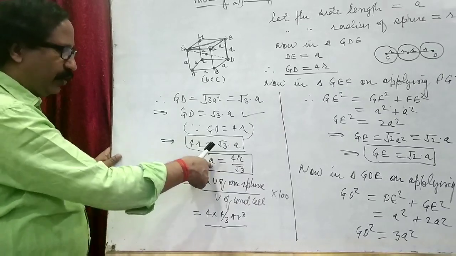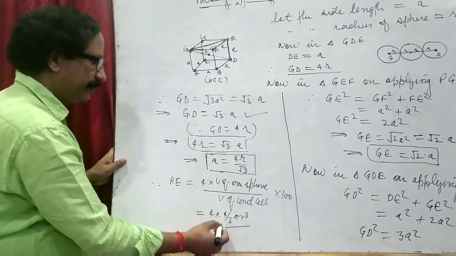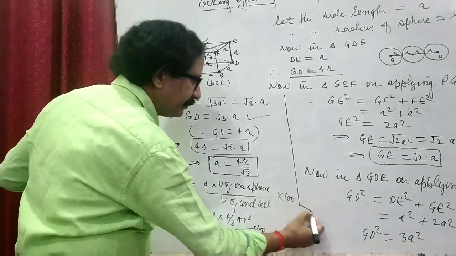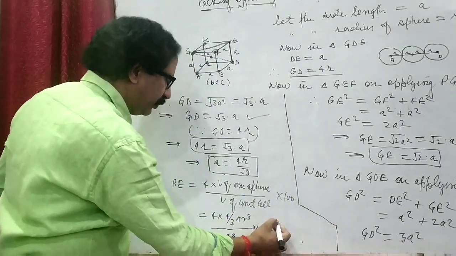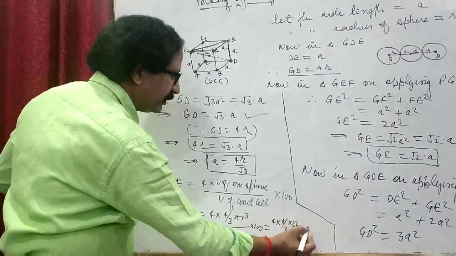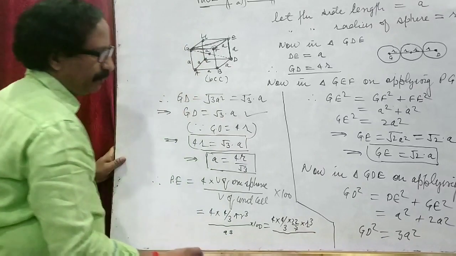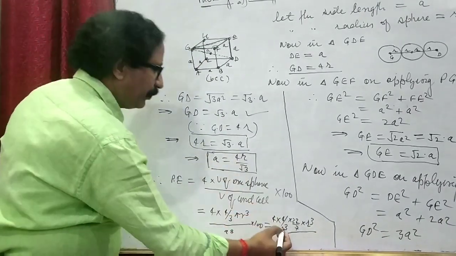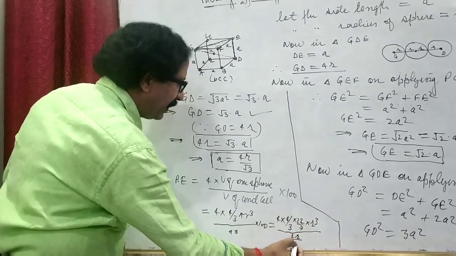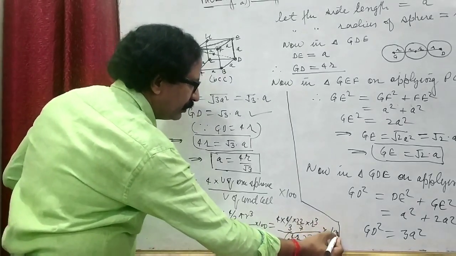What is the value of side? Side cube means A cube. A cube into 100, which is equal to 4 into 4 by 3 pi, means 22 upon 7, into R cube whole upon value of A, 4R upon root 3 cube, into 100.